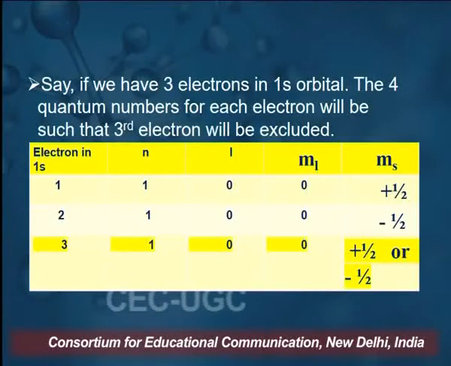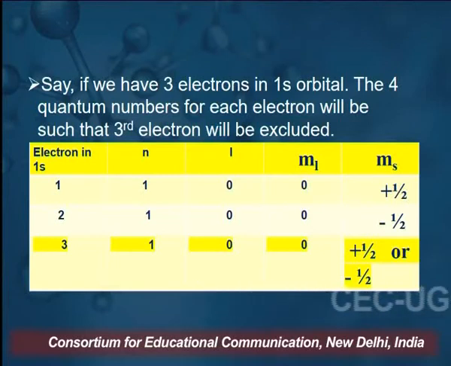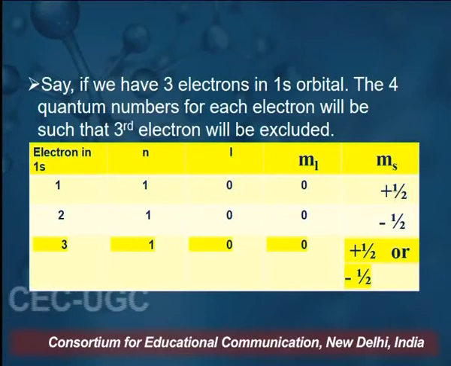But now we take an example and say that we have three electrons in 1s orbital. Then the four quantum numbers for each electron will be such that the third electron will have to be excluded. Say for the first electron, n is 1, l is 0, ml is 0 and ms is plus half.